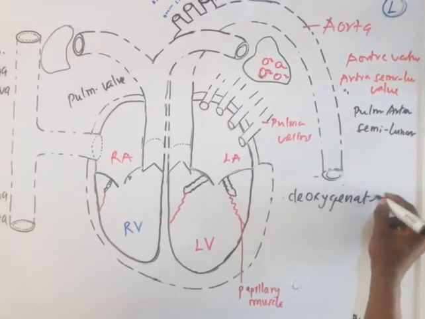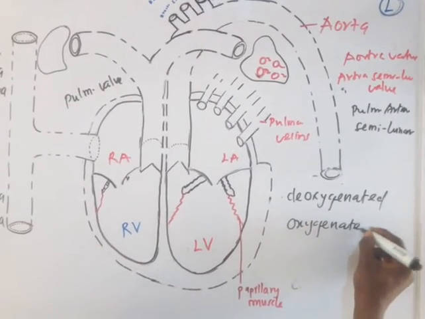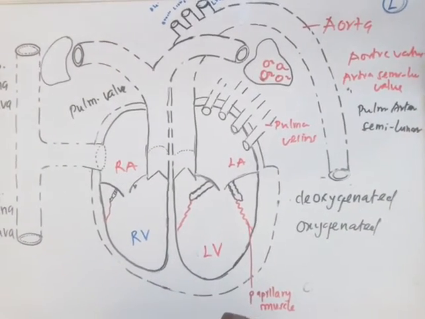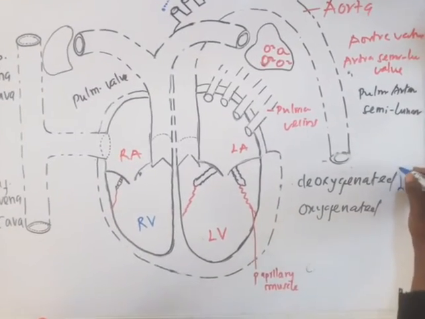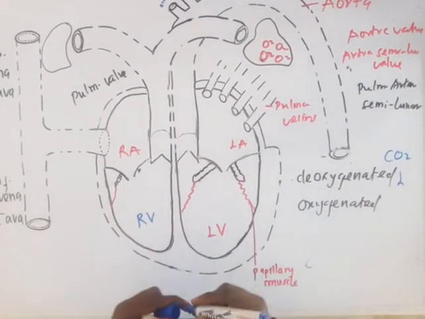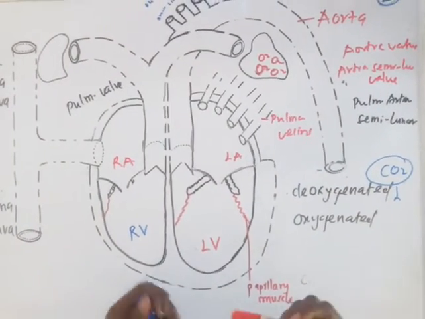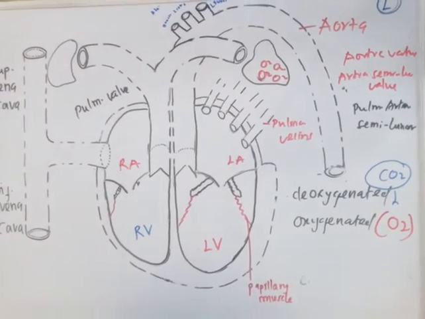Deoxygenated blood contains some byproducts released into it, which contain some aspect of CO2. That is the feature of deoxygenated blood. But oxygenated blood is oxygen rich, O2. That is the feature of oxygenated blood.